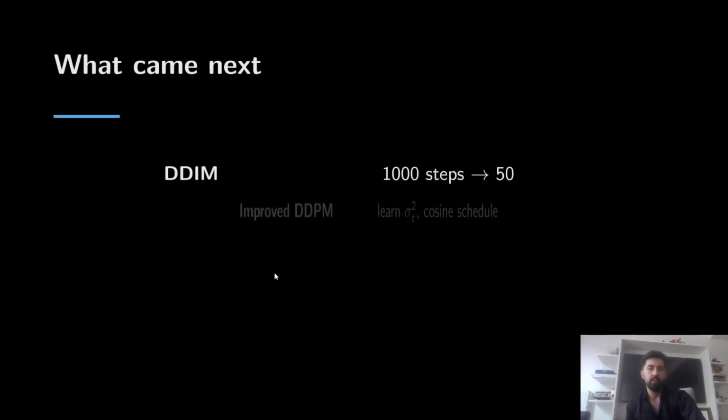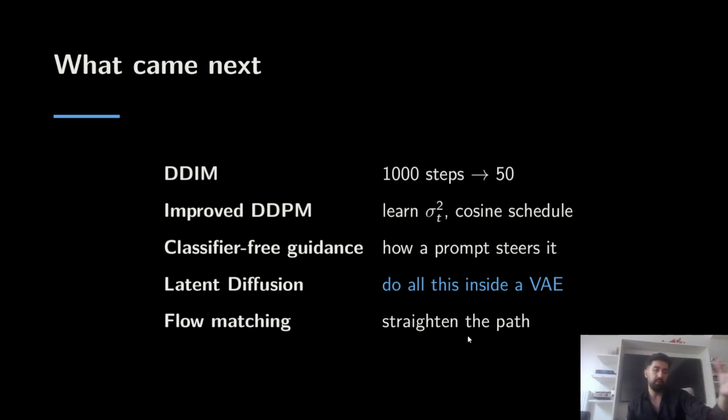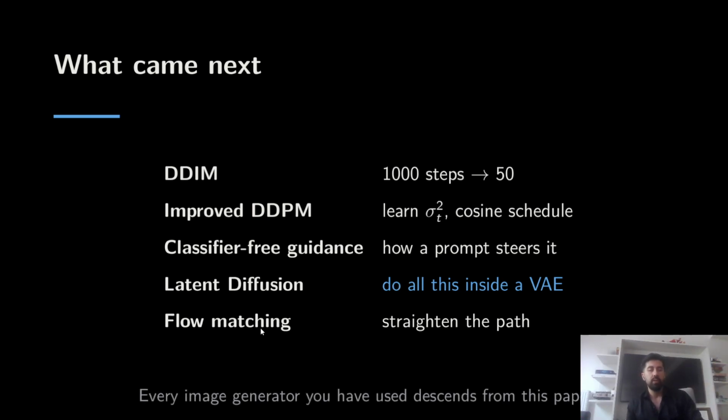And next, after DDPM came DDIM, which decreased the number of steps. Then improved DDPM came, which learned the standard deviation as well. Then came classifier free guidance, and latent diffusion, which was to do all of this inside the variational autoencoder, and flow matching as well.